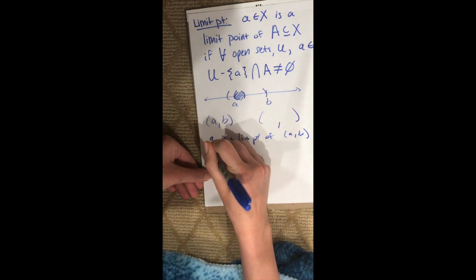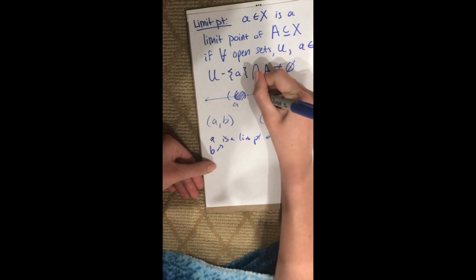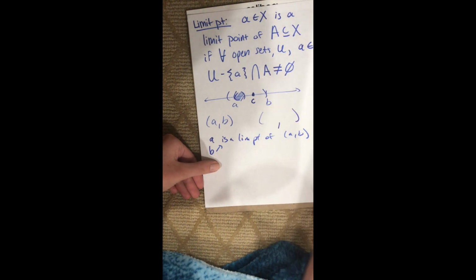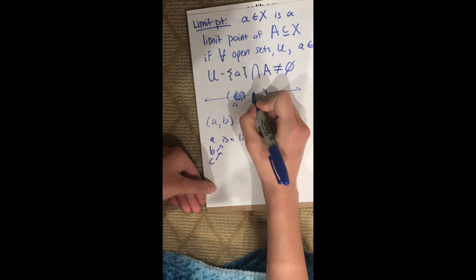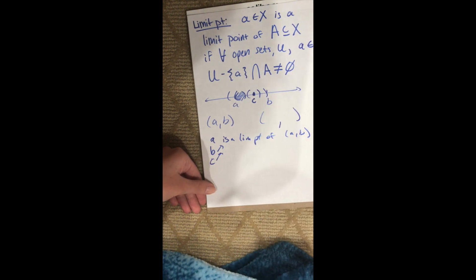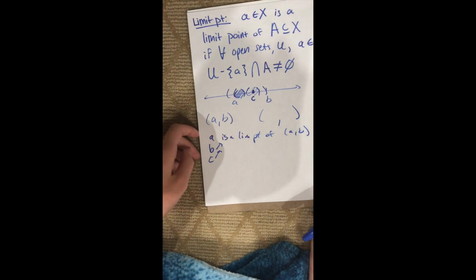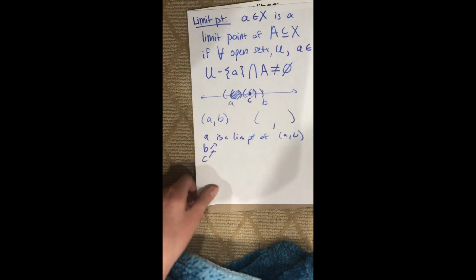For the same reason, b is a limit point of (a,b), and all of the points in here, like this random point c, are also limit points of the interval because there's non-zero overlap. So that's what a limit point is, and that introduces our next idea, which is closures.